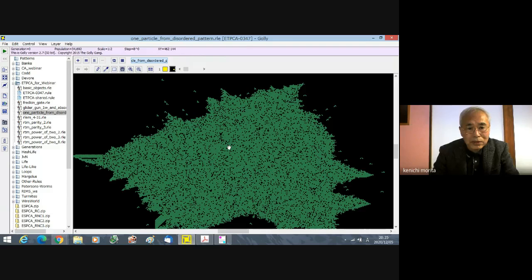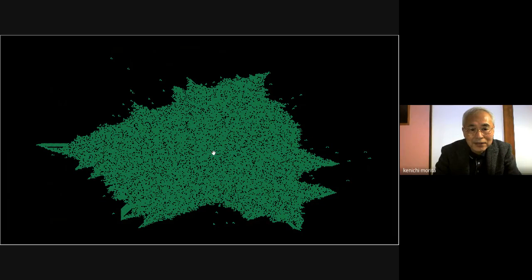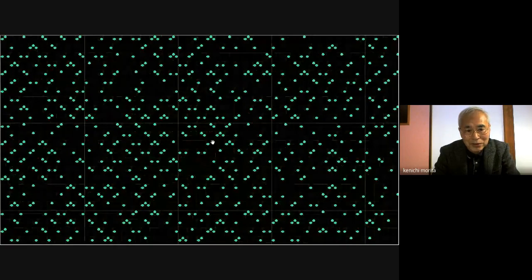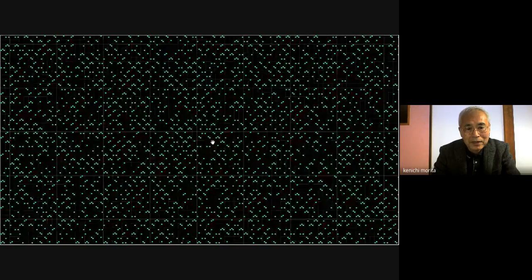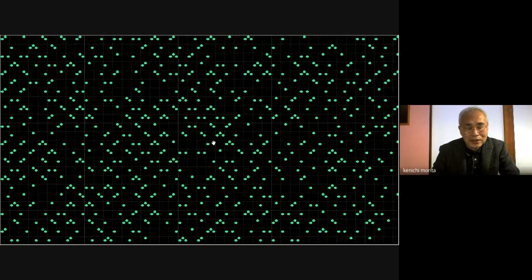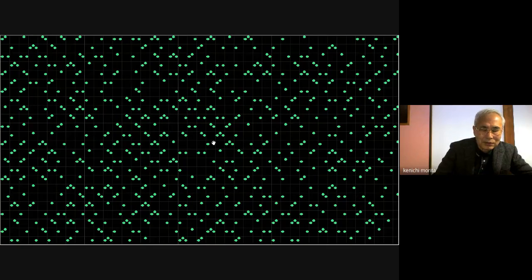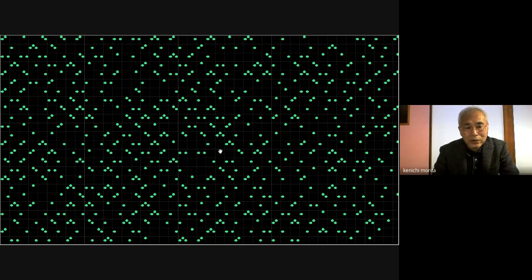First, look at this configuration. It looks like a random configuration. Of course, Golly is for square cellular automata. It is a simulator for square cellular automata. Therefore, a triangular cellular automaton should be simulated on square cells.